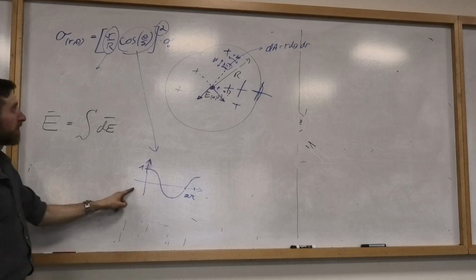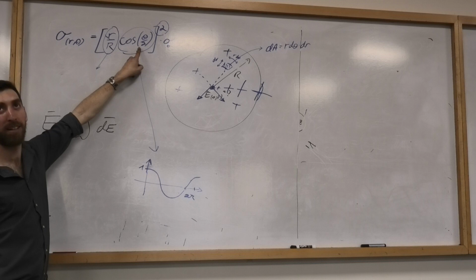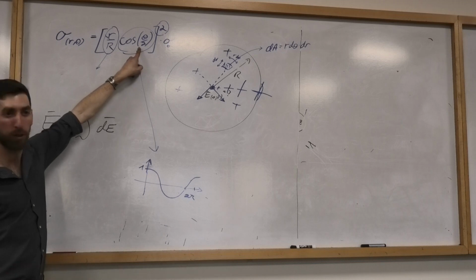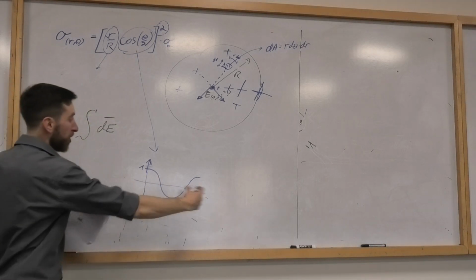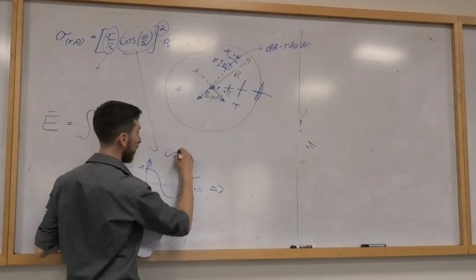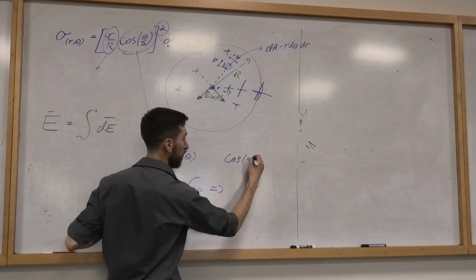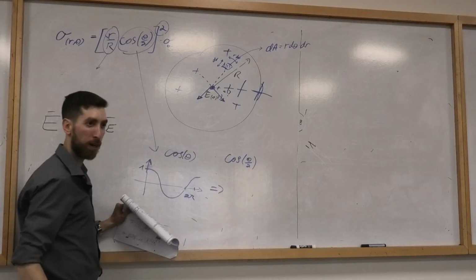But I see something interesting. Here inside the argument, it doesn't say theta. What does it say? Theta over 2. So it's actually stretching this thing. So what's going to happen? This is cosine theta, and actually we're talking here about cosine theta over 2, right?